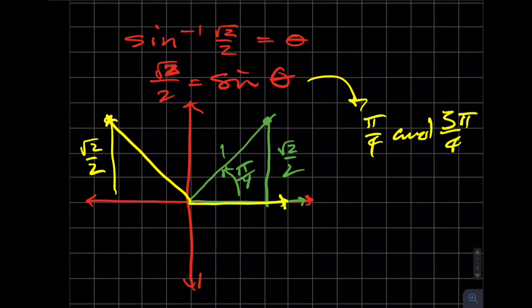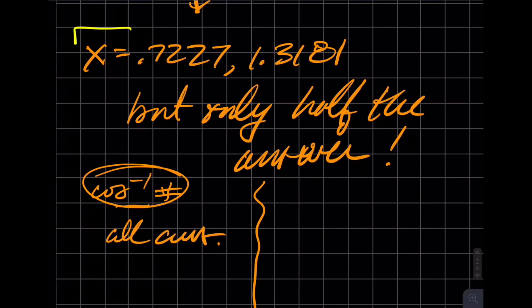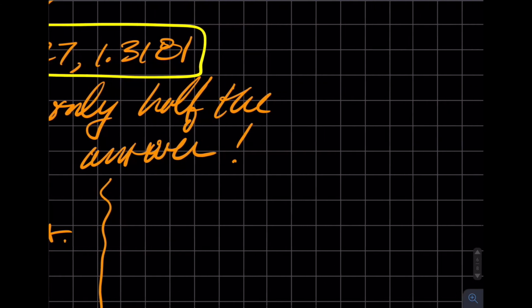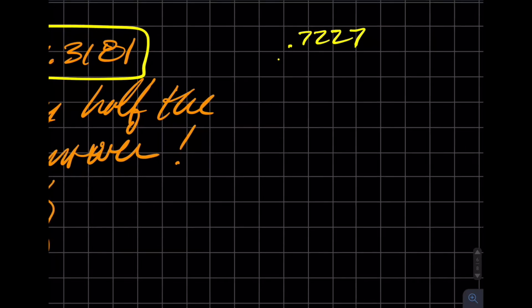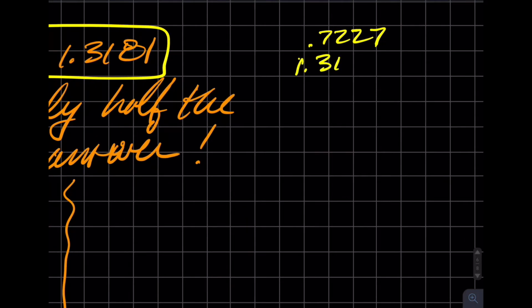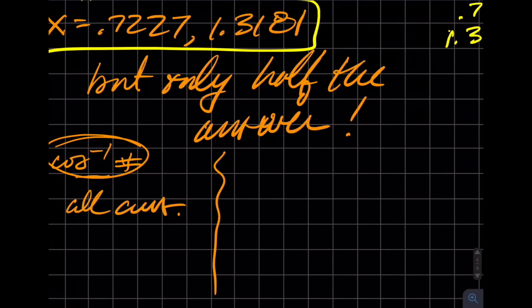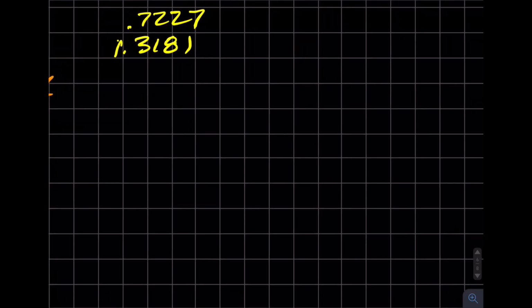So if we go back to our original question that I didn't quite finish, we have these two radian measures. I'm going to slide over here to the right. 0.7227, and 1.3181. Now, one of them came from the original equation being 4 cosine x minus 3 equals 0.